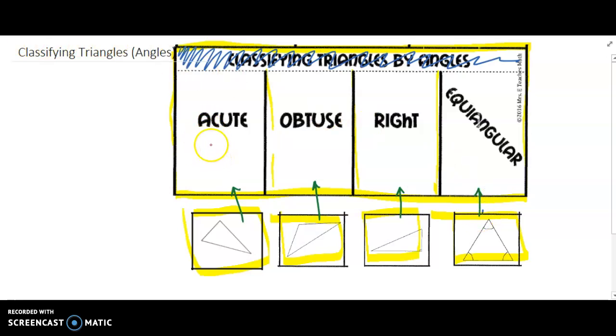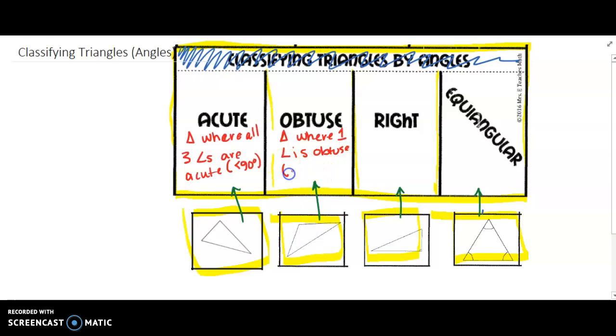All right, let's go ahead and write the definitions on each one of these. So an acute triangle is a triangle where all 3 angles are acute. And when I say acute, that's less than 90 degrees. Okay, now an obtuse triangle is a triangle where one angle is obtuse.